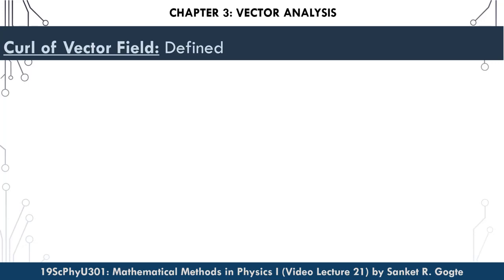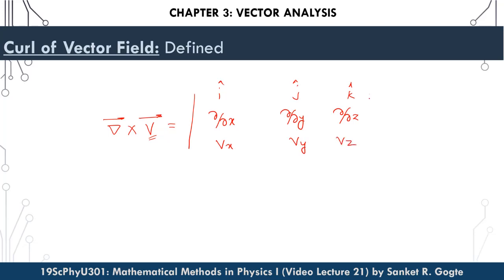Let's define this curl formally once again. For a vector field V, curl is obtained by this operation del cross V, which is equal to this determinant: i, j, k. In the second row, we have the x, y and z components of the del operator, which are dou by dou x, dou by dou y and dou by dou z. In the last row, we have the x, y and z components of this vector, which are vx, vy and vz.